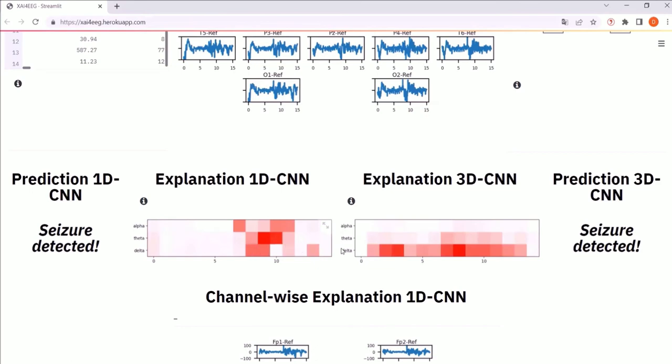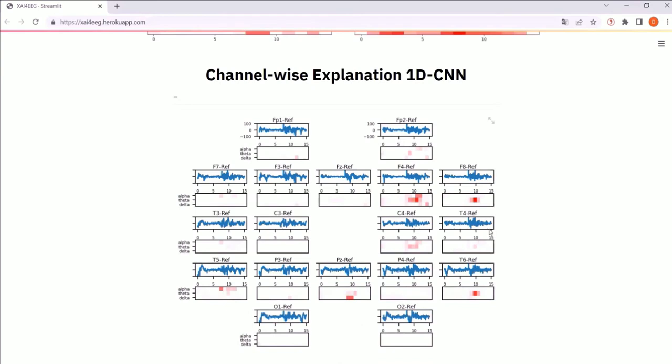Moreover, the electrode-wise explanation highlights, for instance, electrode F4 and F8 to have a higher marginal contribution to the final prediction than, for example, F7 or F3. This could be due to the origin of the seizure in the right lobe.